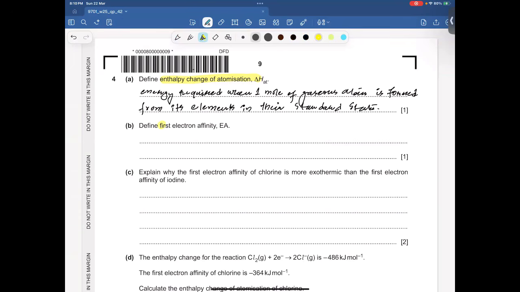Define first electron affinity. By the way, first electron affinity is exothermic, while second and third are both endothermic.